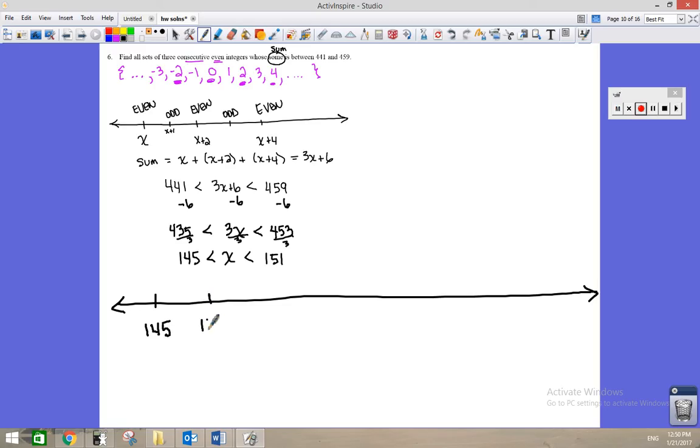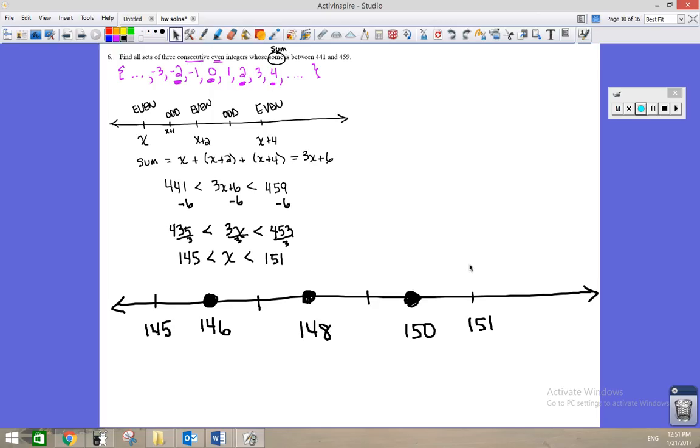And 146 is bigger than 145 and smaller than 151, so 146 is a possible value for x. 147's not. 148, that's an even number that's between these two values. 149 is odd. 150 is an even number that's between these two values. Then we've got 151. So those are the only even numbers that are between 145 and 151.